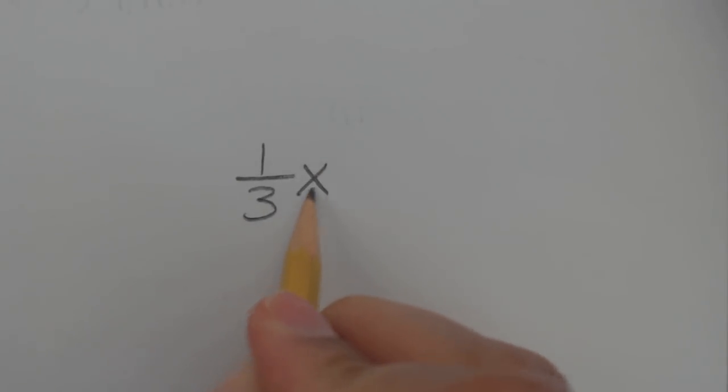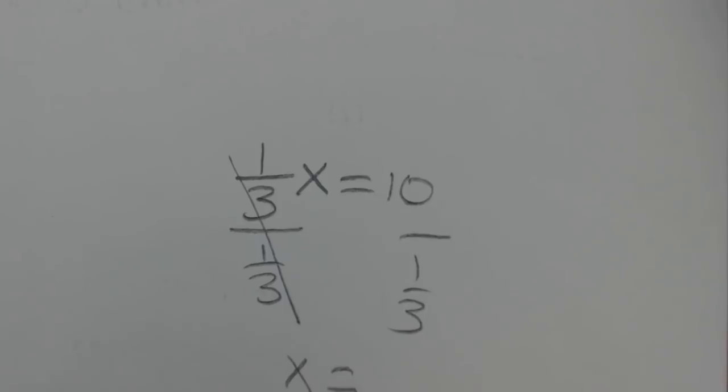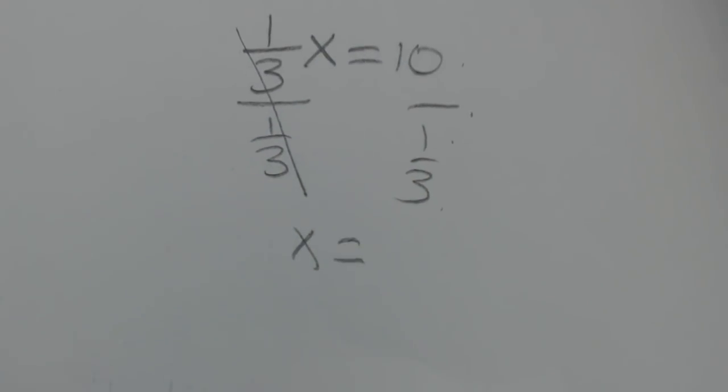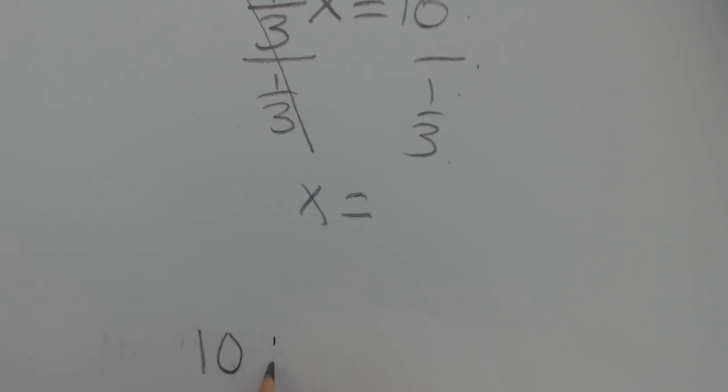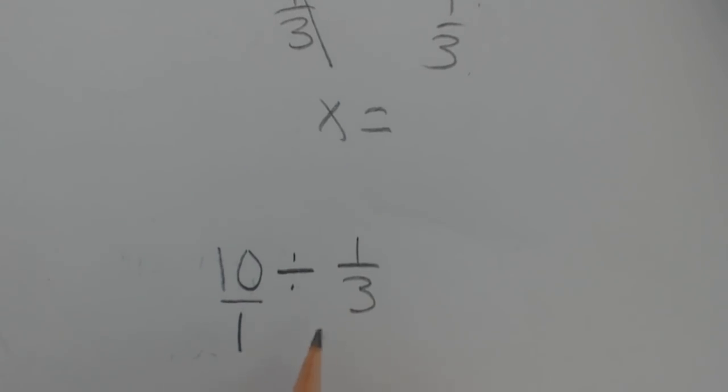Here we are. We're at 1/3 x equals 10. We wanted to divide both sides by 1/3. That's out. So then we're going to get x is this. But now we have 10 divided by 1/3. When we divide a number by a fraction, we put that first number over 1 to turn it into a fraction.